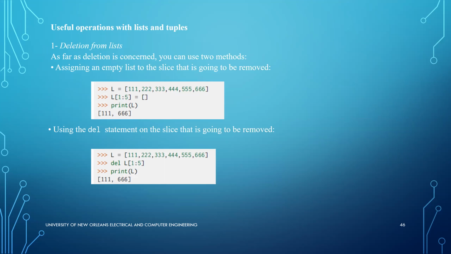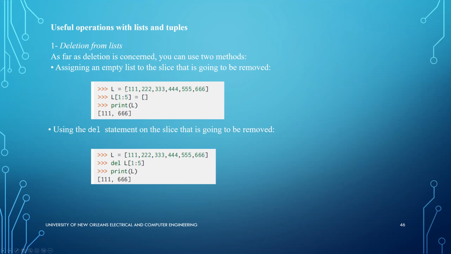All right. Some other useful operations with lists and tuples. One of them is deletion from lists. As far as deletion is concerned, you can use two methods. You can assign an empty list to the slice that you want to remove.